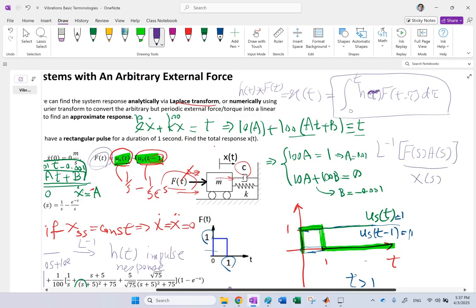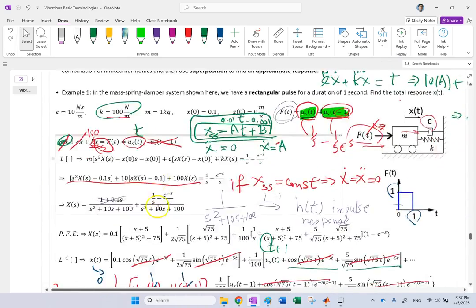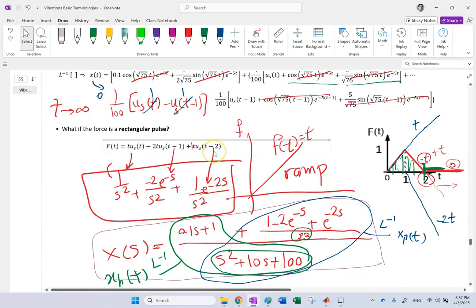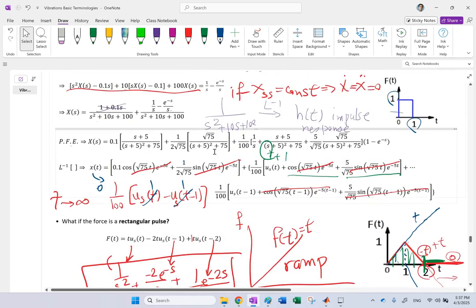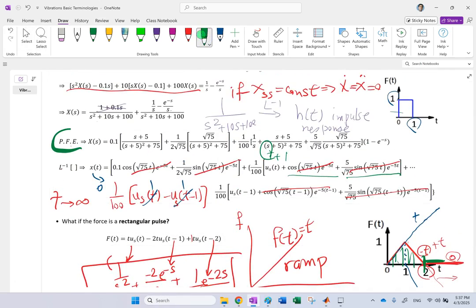Okay, so carrying the Laplace inverse is the same as performing the convolution of the input with the impulse response of the system. You can do that as well, but to me, the simplest thing is Laplace transform and inverse Laplace transform. The only thing you need to be good at is partial fraction expansion in MATLAB.